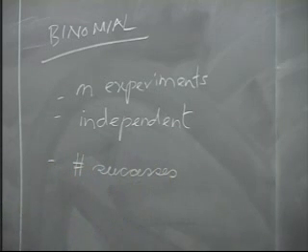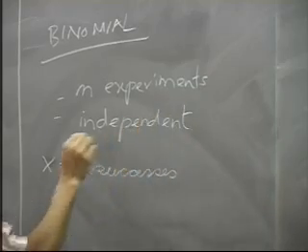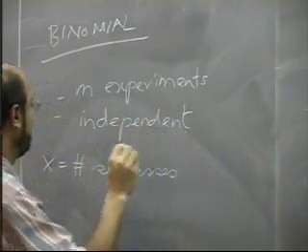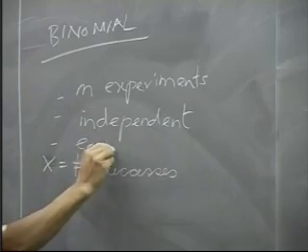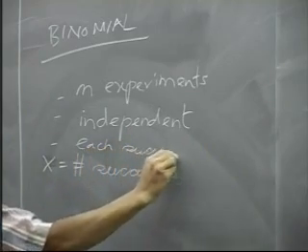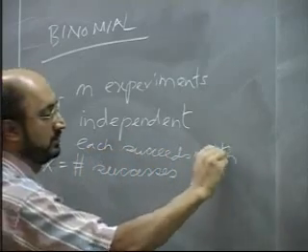That's the value that we want to have. So x represents the number of successes, and it has two parameters, the n experiments, which are independent. I should probably say each succeeds with probability p.